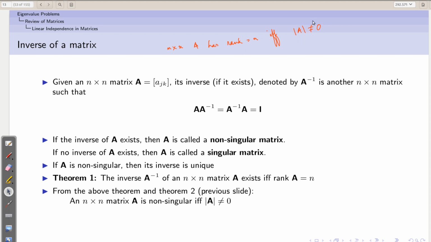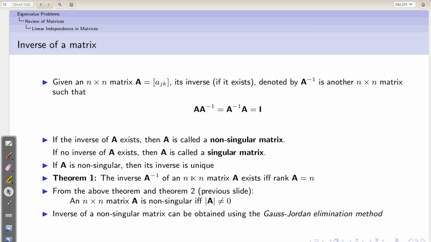When the determinant is not 0. So from these two theorems, the logic says that the inverse of a matrix exists if and only if the determinant is non-zero. An n cross n matrix is non-singular, that is, its inverse exists, if and only if the determinant of A is non-zero.